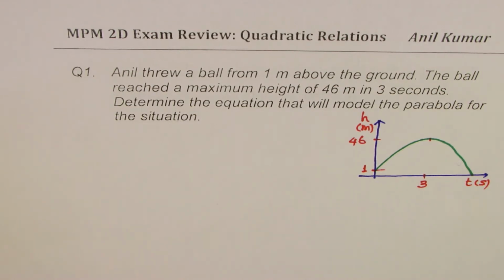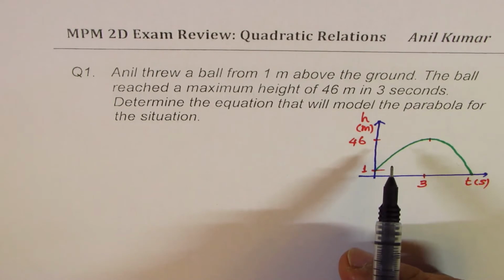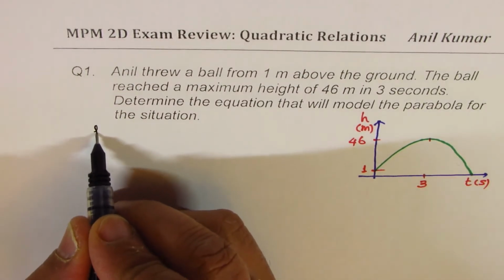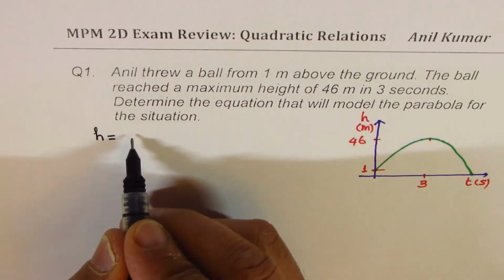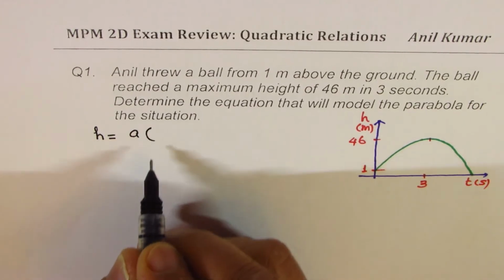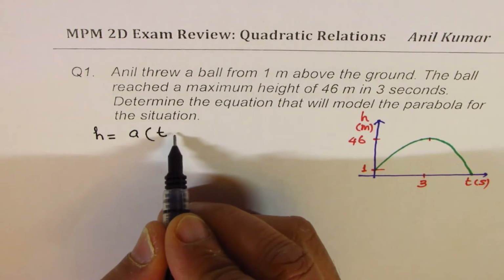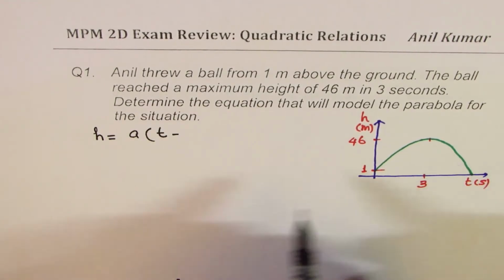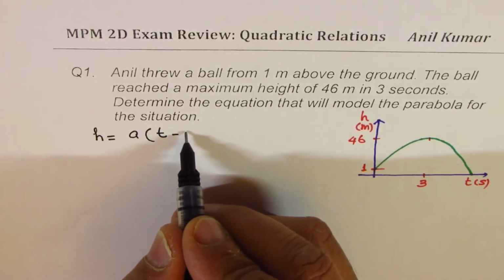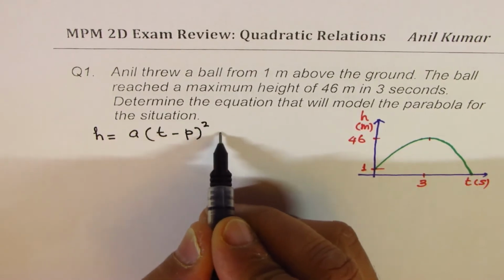Whenever you are given the vertex, it is always better to use the vertex form. So we can say height h equals a times (t minus p) whole square plus q, where t is my independent variable and the vertex point is (p, q).